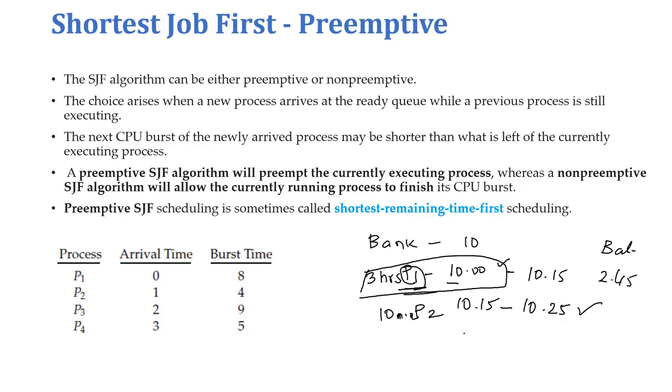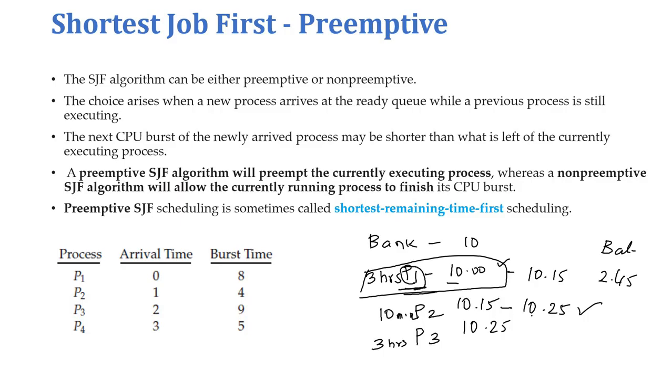Now the time is 10:25. Consider one more person coming, P3, who needs 3 hours to complete his work.